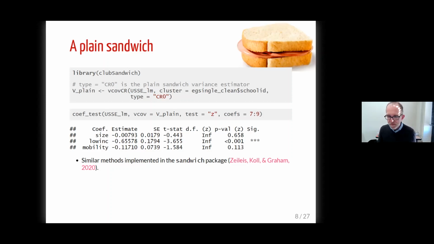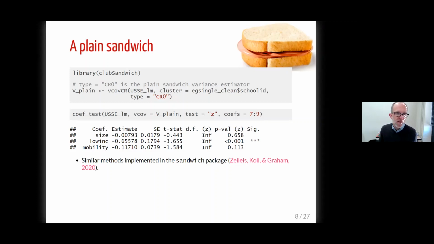So for example, the mobility index I've standardized. The interpretation of this coefficient would be: schools that differ by one standard deviation in this mobility index, you would expect to have math performance that differs by about 0.12 standard deviations.